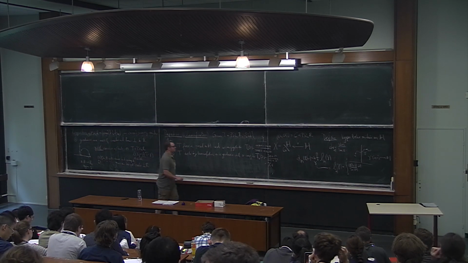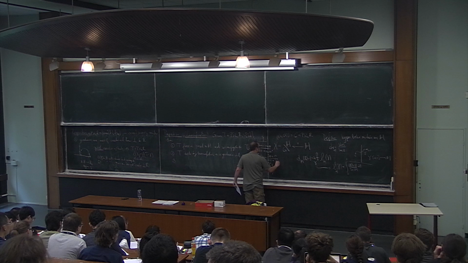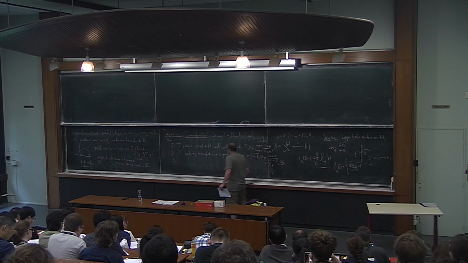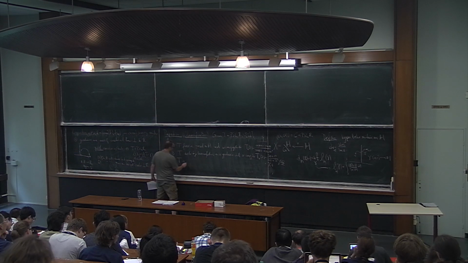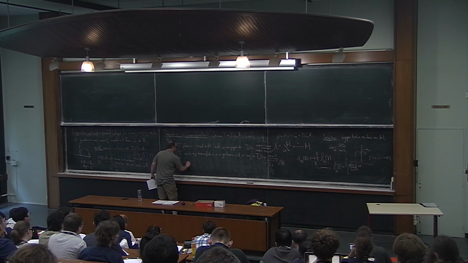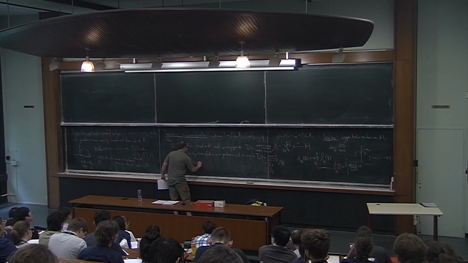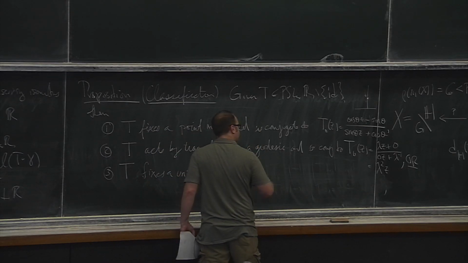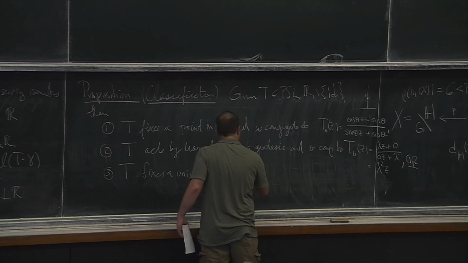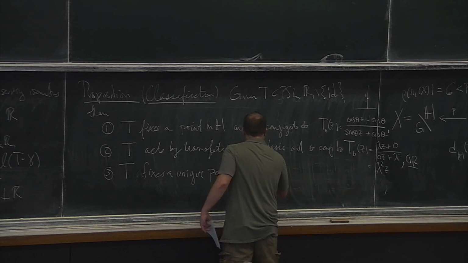And then the last possibility is that T fixes a unique point, not in H, but on the boundary of H. And the boundary of H is R hat.